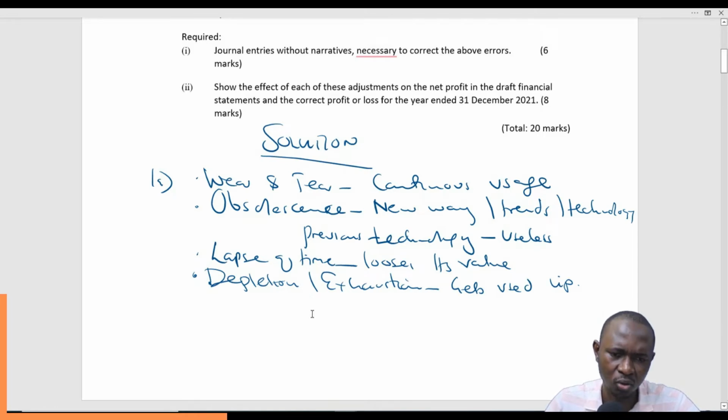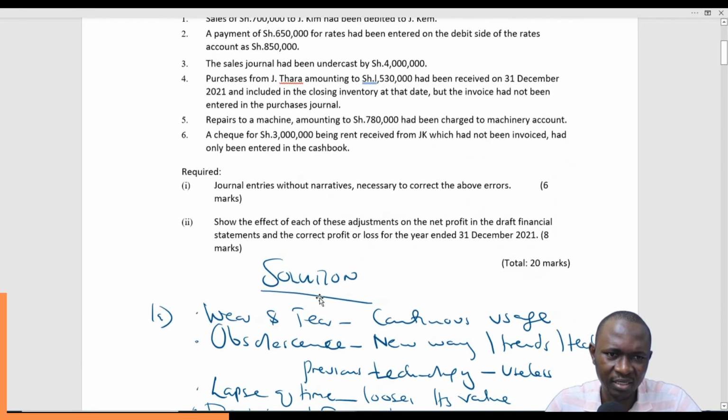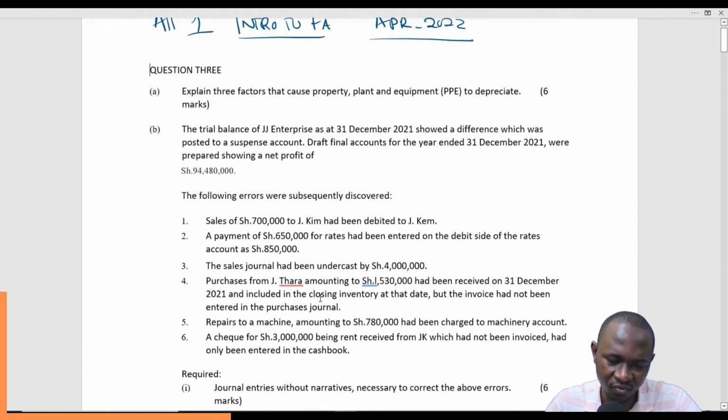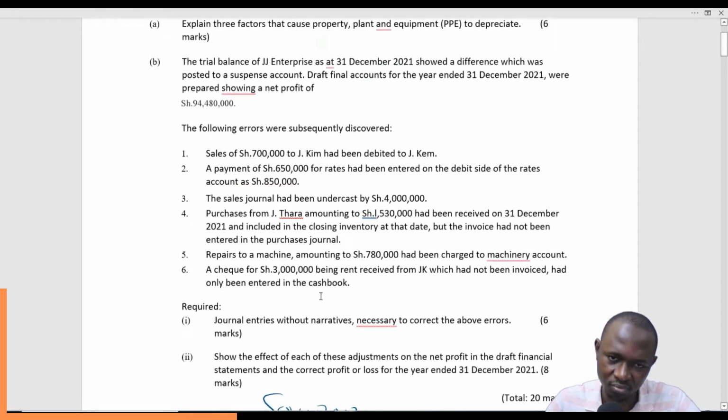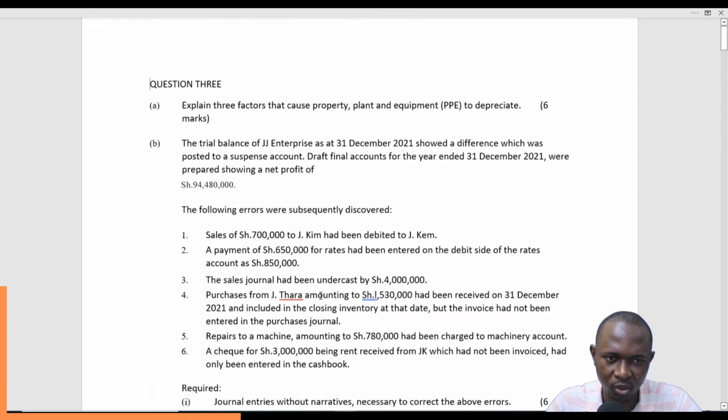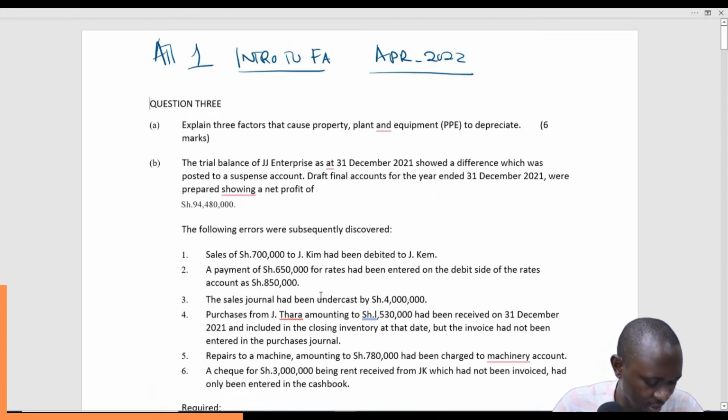So depletion or exhaustion of whatever item of value you are getting from that particular plant, property, or equipment, when it gets over, then we talk of depreciation as a result of depletion or exhaustion.